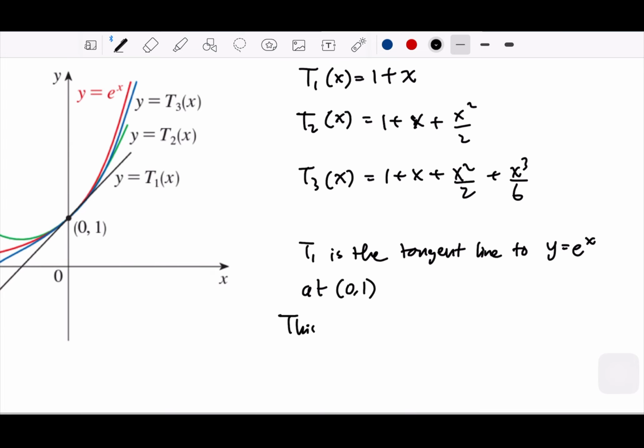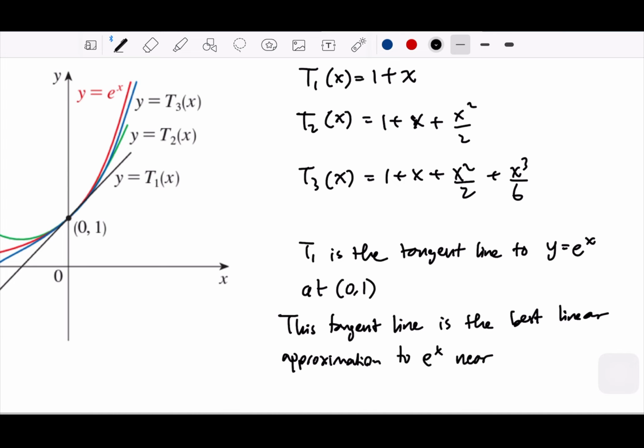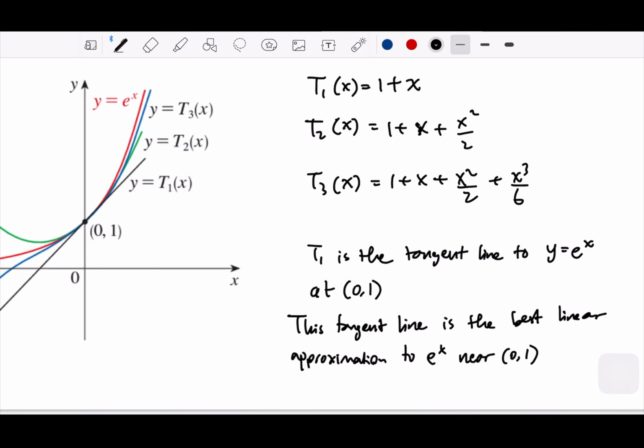And this tangent line is the best linear approximation to e to the x near (0, 1). Okay.